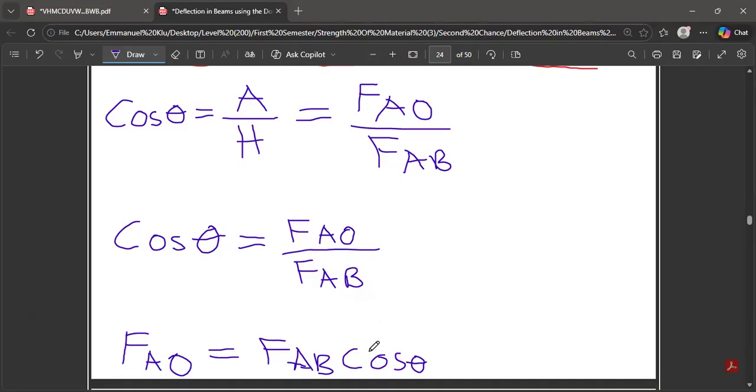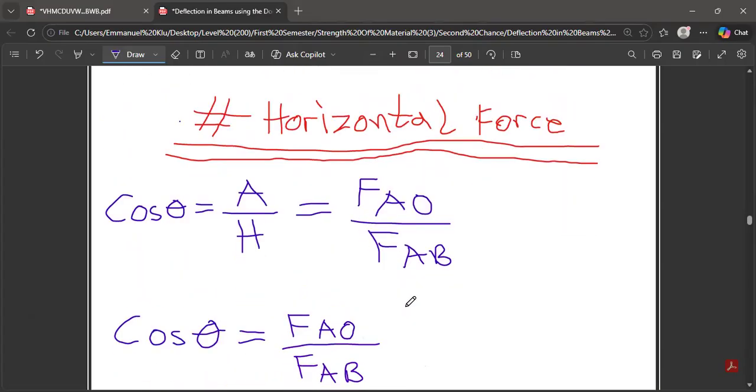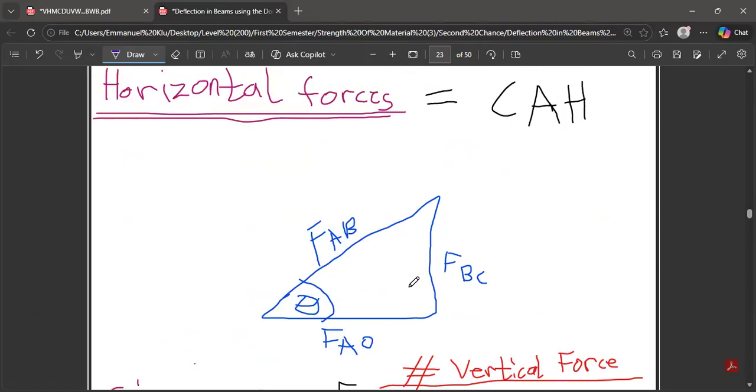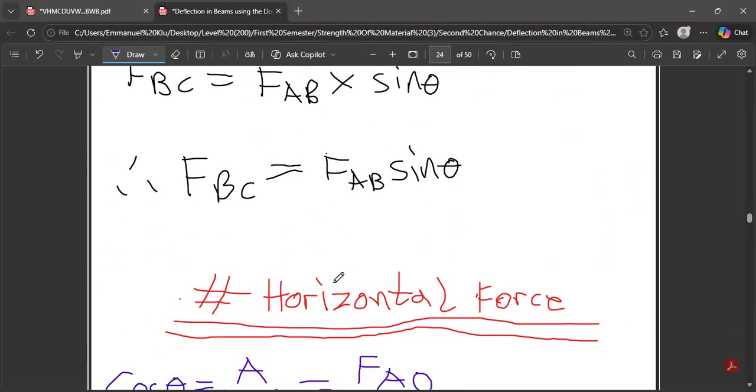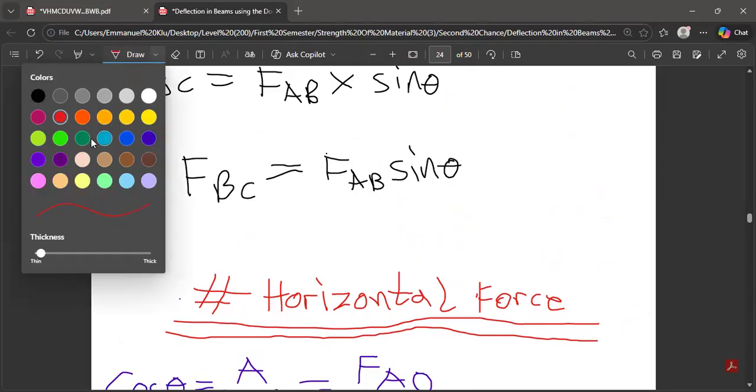Exactly. So you can see the two equations we have: one for the vertical forces and one for the horizontal forces. Let me circle them for you to see. That is the first one.